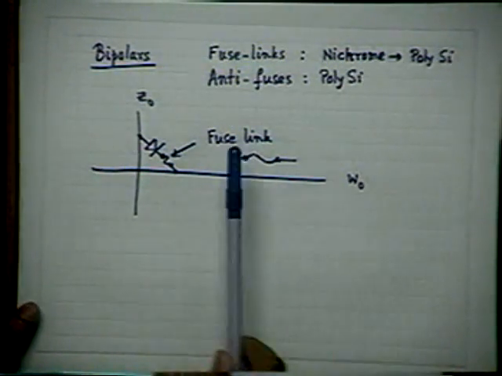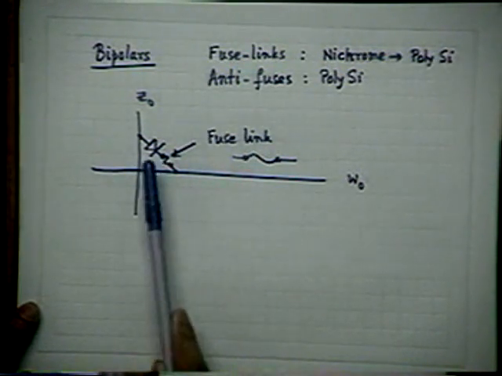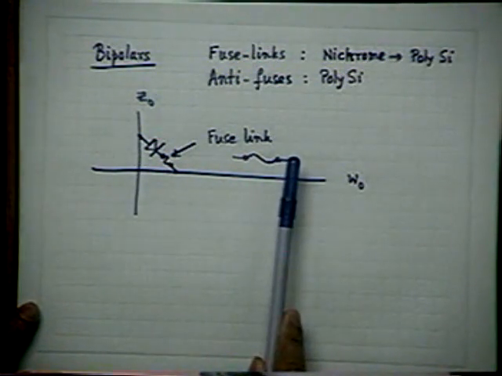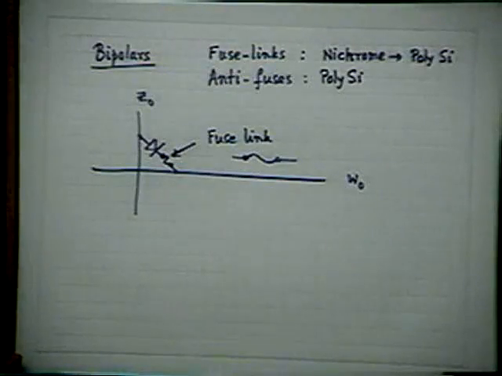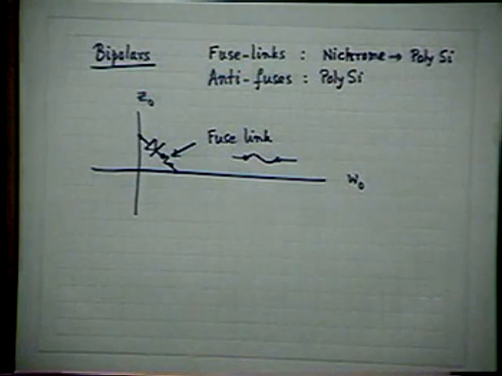You see that at all intersections, at all nodes, this connection is there. So when the chip is available to you, all the diodes are connected via the fuse links. So there is no scope for any unconnected diode.